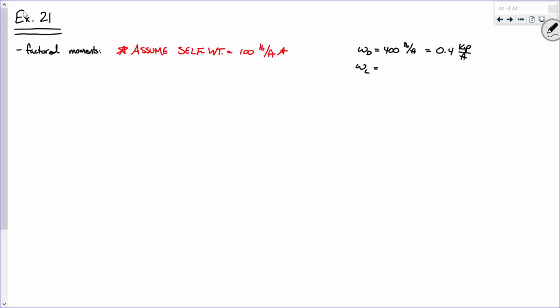And our live load was, what was that, 0.8. So therefore, our factored load, got to add that self-weight.